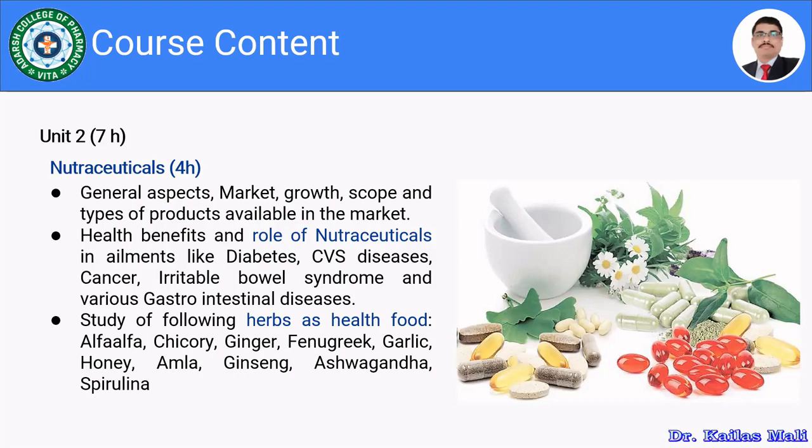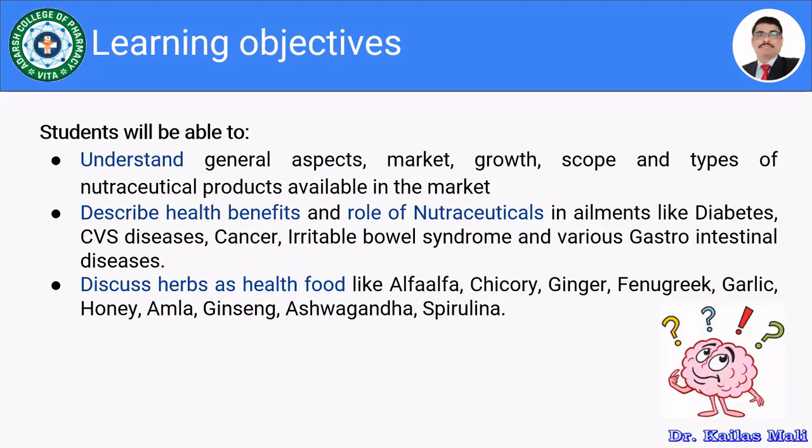So let us move towards the learning objectives of the nutraceutical topic. Here I have set 3 learning objectives considering the content. The first: you will be able to understand the general aspects, the definition, the market, growth, scope, and types of nutraceutical products available in the market.